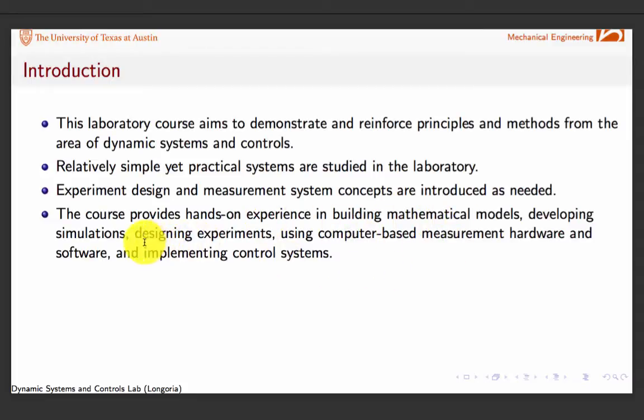That includes developing digital simulations of the types of models that you will be learning how to build, not only in this course but also in the related lecture course, design experiments, and also an emphasis on computer-based measurement hardware, software, and this includes their use in implementing control systems with feedback.